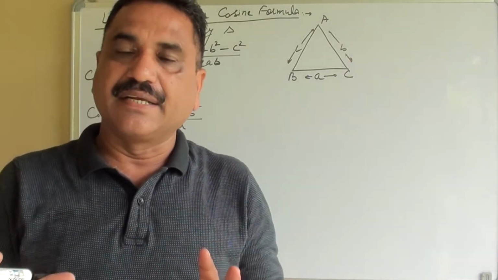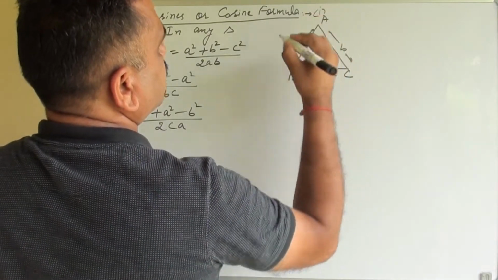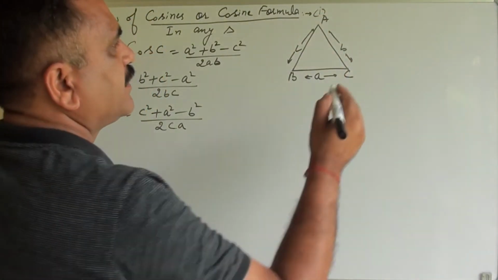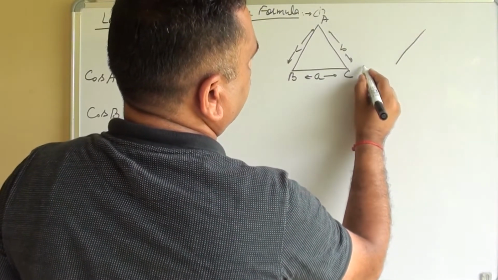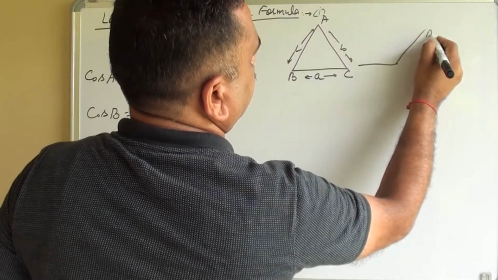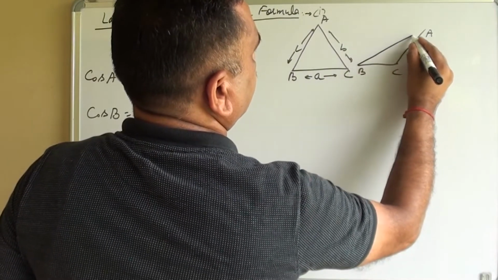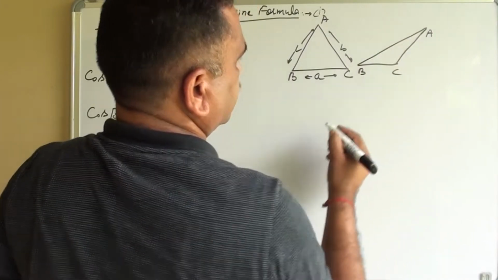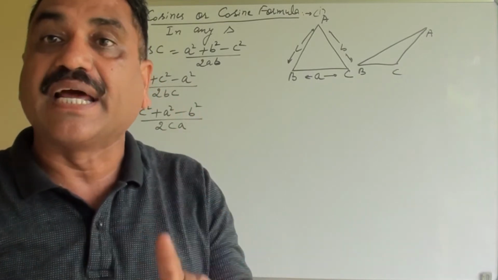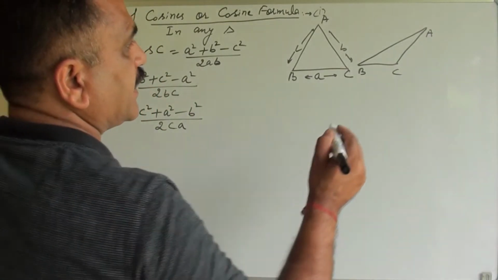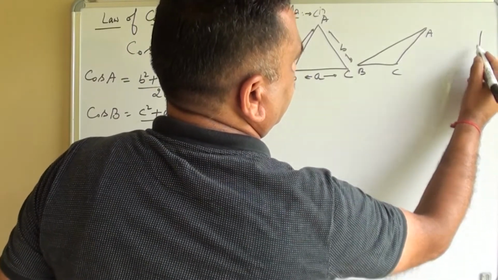Now, in any triangle means we have to take again three cases. That is, first is acute angle triangle. Second is obtuse angle triangle. A, B, C. This triangle is obtuse angle triangle. That means one angle of this triangle is more than 90. Obtuse means more than 90. And third is right angle triangle.